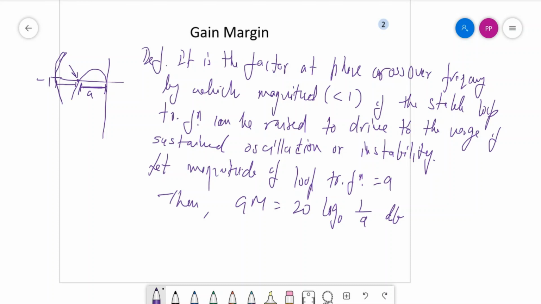So this should be equal to minus 20 log base 10 A in decibels. So therefore A equals 10 power minus gain margin by 20.